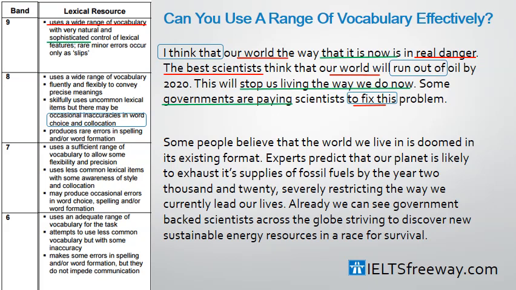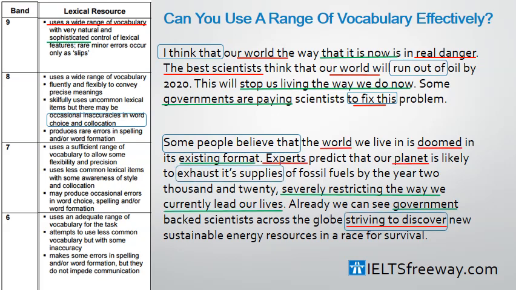Already, we can see government-backed scientists across the globe striving to discover new sustainable energy sources in a race for survival. I suggest you pause the video and just have a look at how I've changed or upgraded that paragraph. I think you'll agree that it gives a much higher level of lexical resource.